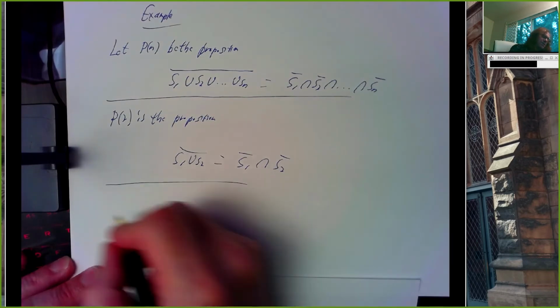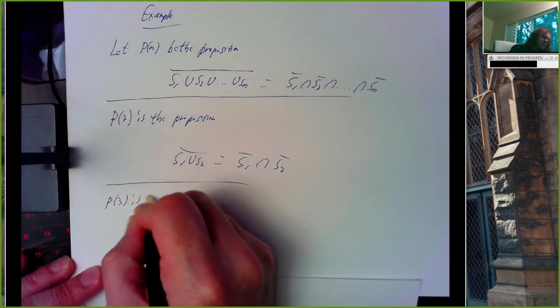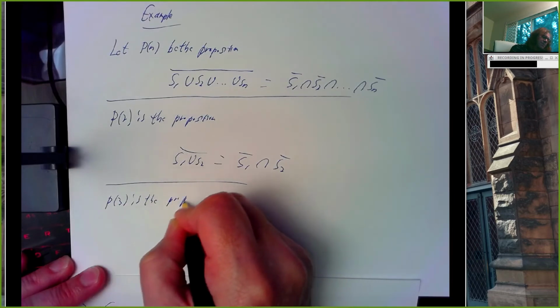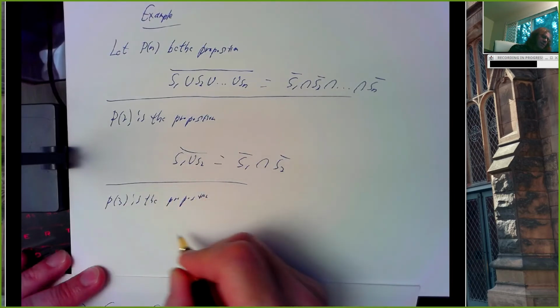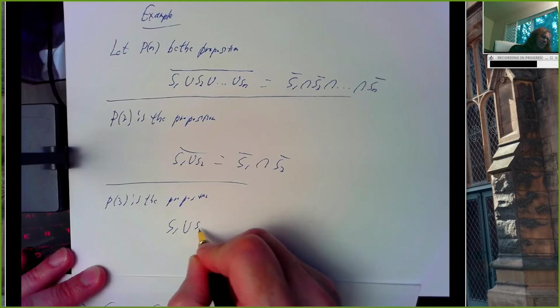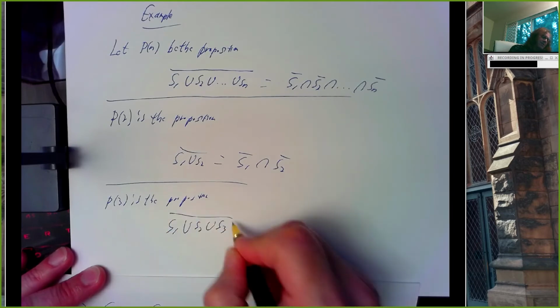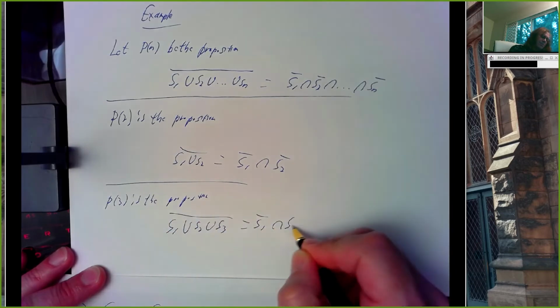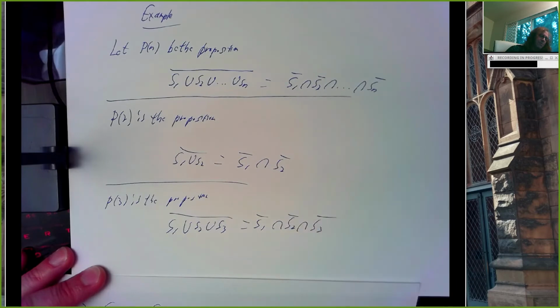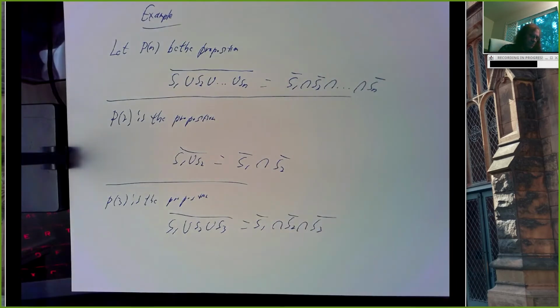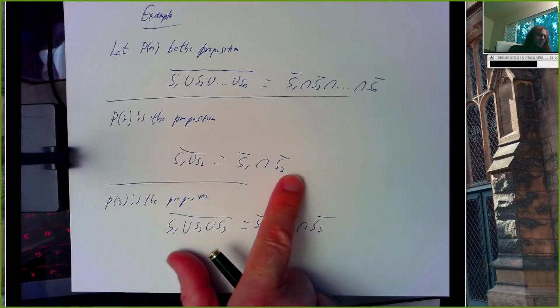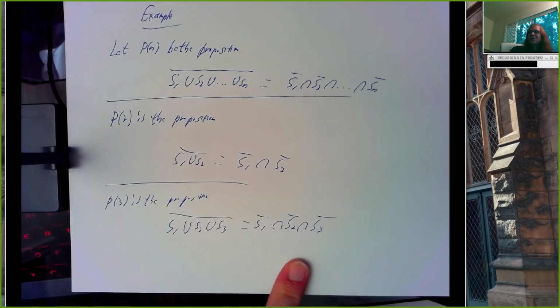But P of 3 is the proposition that if we generalize this to 3 sets, it still works. And I think we might have shown this when we were playing around with sets and properties of sets. And if you know De Morgan's theorem works for 2 sets, you can show pretty easily it works for 3.